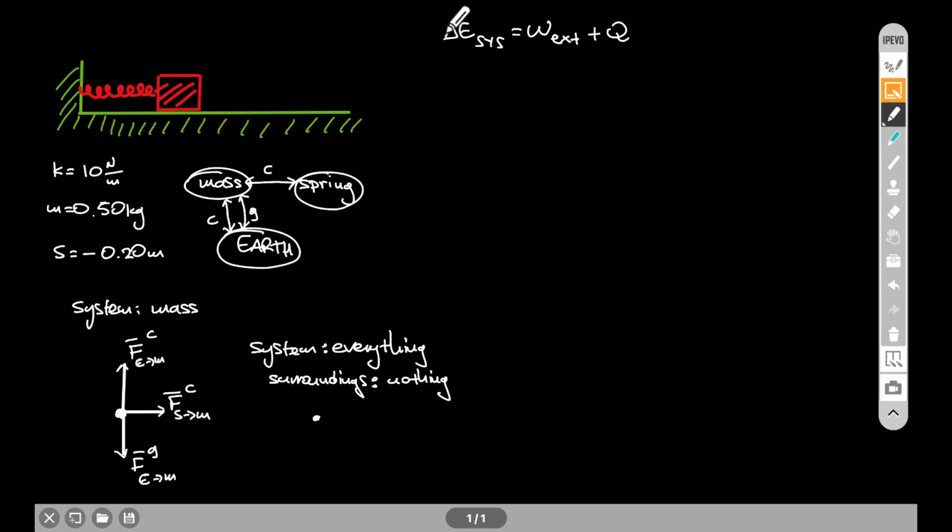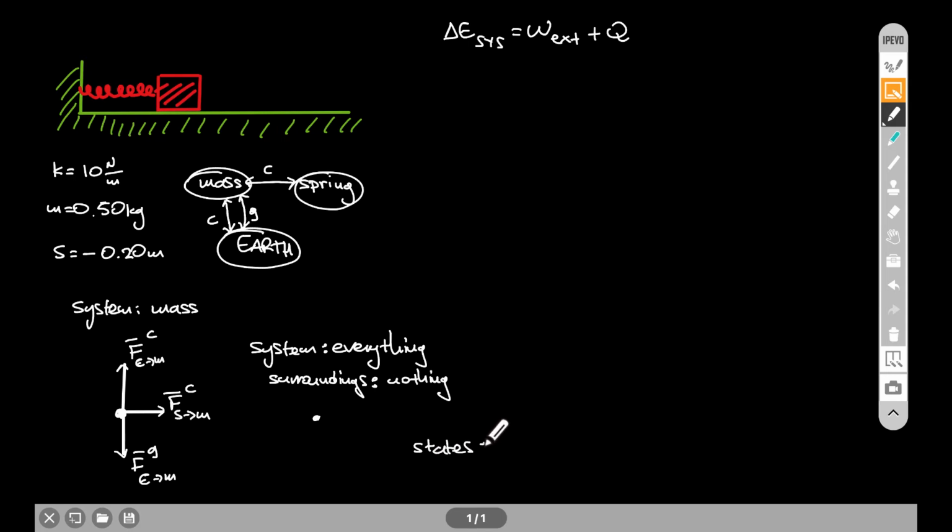This is because you have the change in the energy. When you talk about change, you need to have a set initial and final state. If you don't know what those two states are, obviously you cannot find a change. So let's define those here.